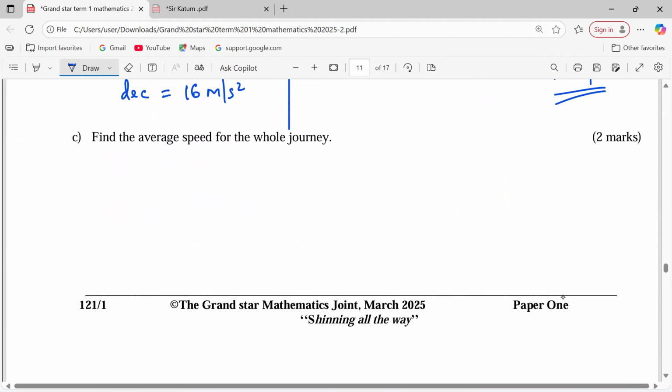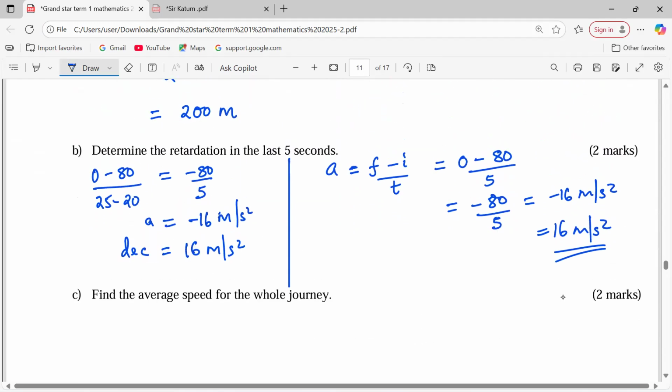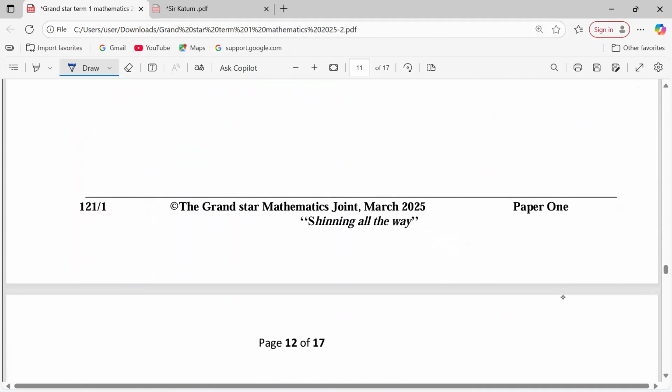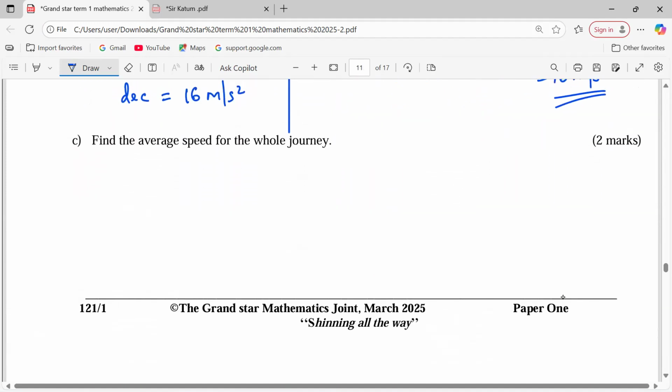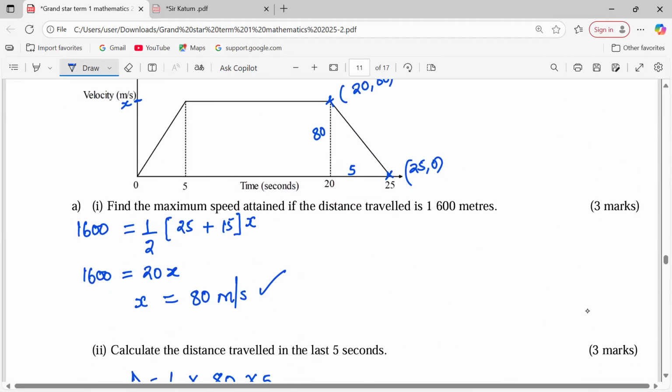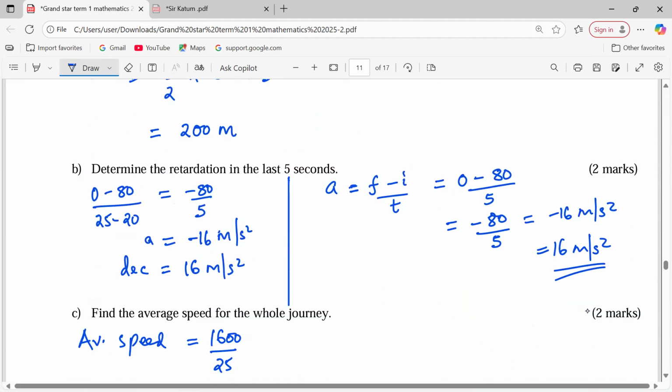Then there is the very last part, part D. What are we supposed to do? Find the average speed for the whole journey. How do we get average speed? Basically, average speed is total distance out of total time taken. The distance of 1600 that we are given here is covered within 25 seconds.